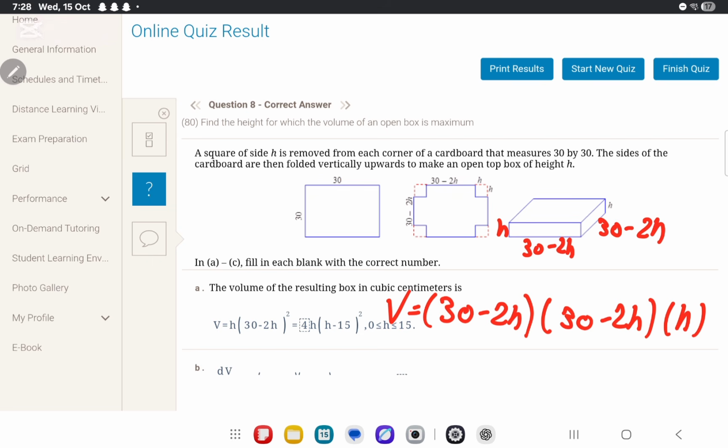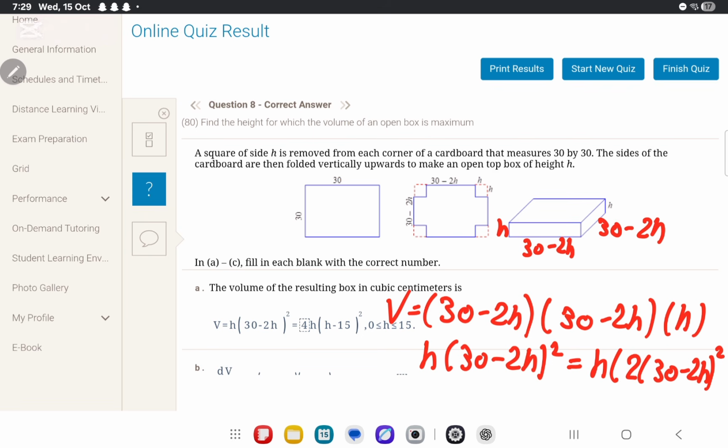So this is going to equal h into 30 minus 2h squared. What did they factor out here? This is equal to 2 into 30 minus 2h all squared.